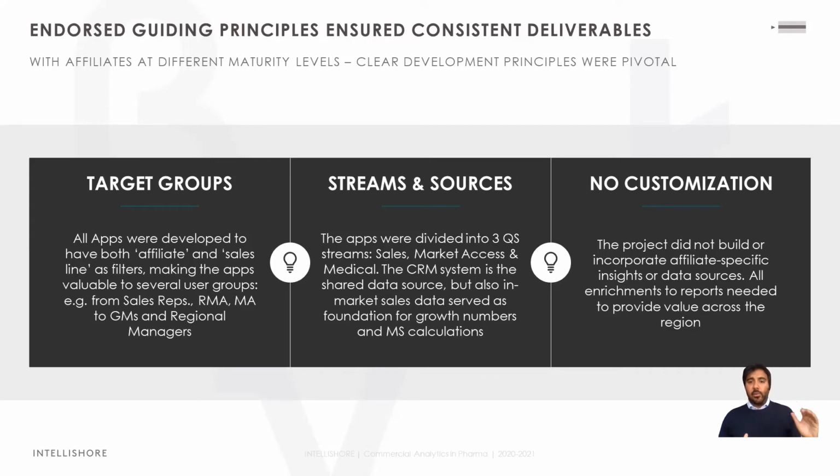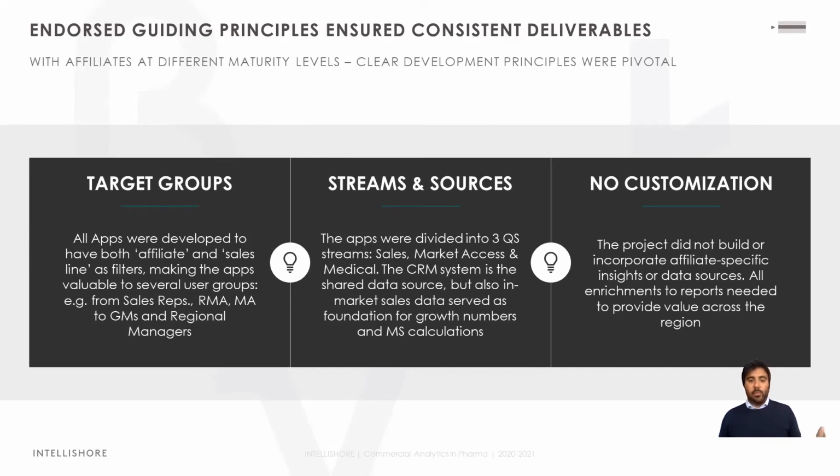Finally, we had created a set of different Qlik Sense streams, which were based on different functional areas. And then we also had one which had all of the cross-functional reports gathered into one. And finally, when you roll out to 33 markets, and as I said before, you need a standardized approach. And we actually took the approach of not doing any kind of customization for the 33 markets.